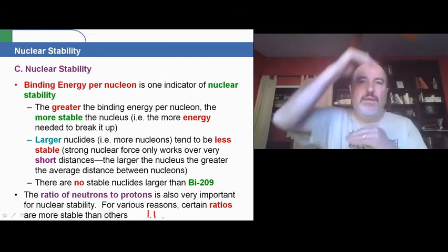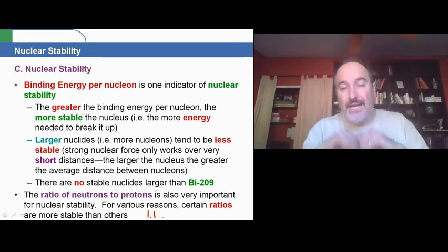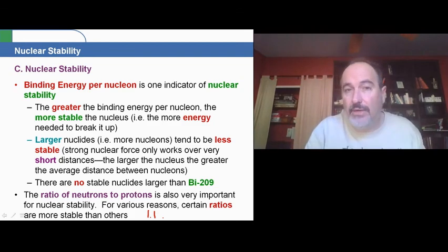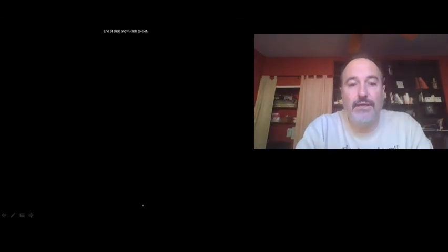Once you get too many neutrons and the ratio goes above that, or not enough neutrons and the ratio goes below it, that also will cause a nucleus to become unstable. And that's it for the causes of nuclear instability. Thank you very much.